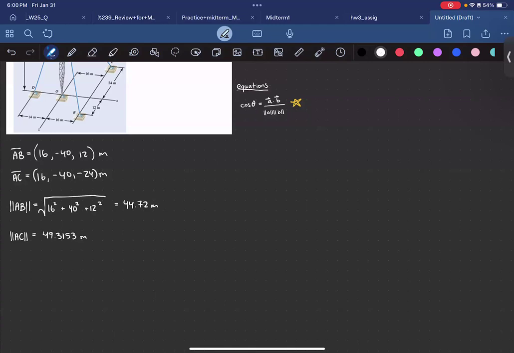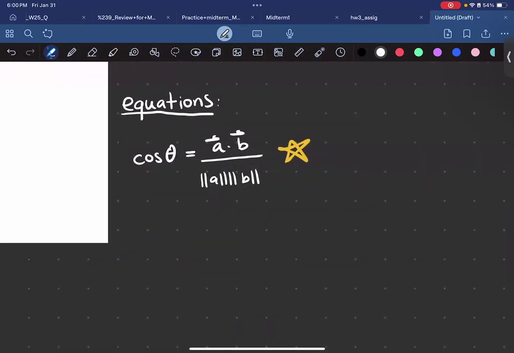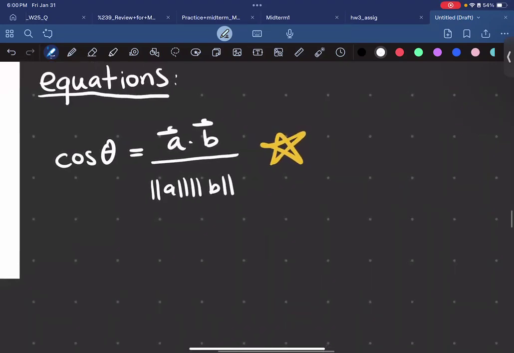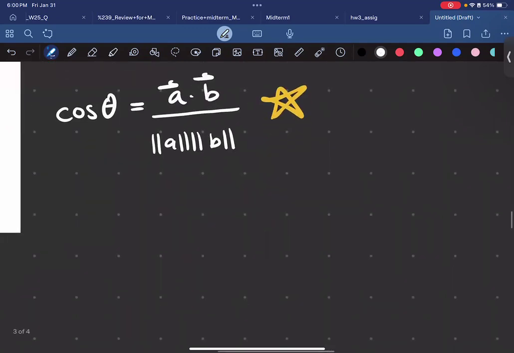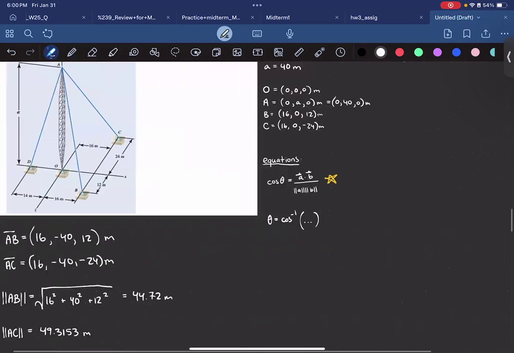And now let's plug into our equation. Remember that we want the angle theta, and we have cosine of theta. At the end, remember that we just have to take the inverse of cosine. So we're going to solve for that and then take the inverse.